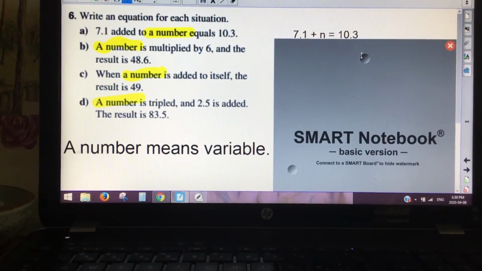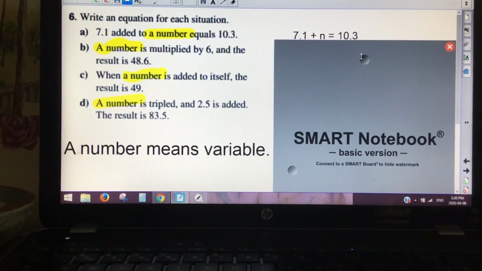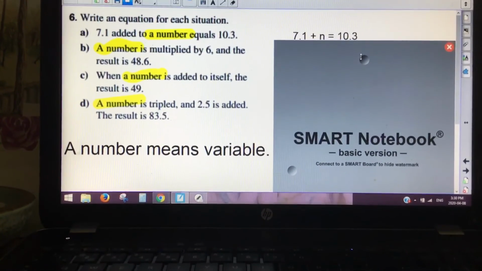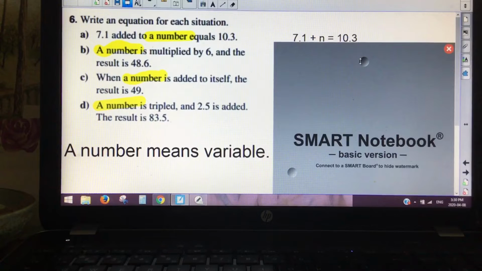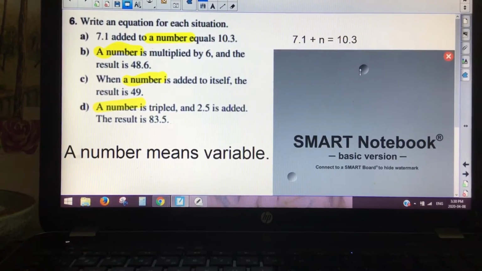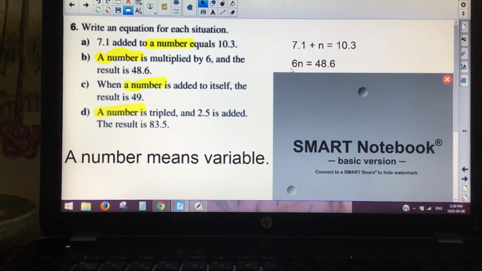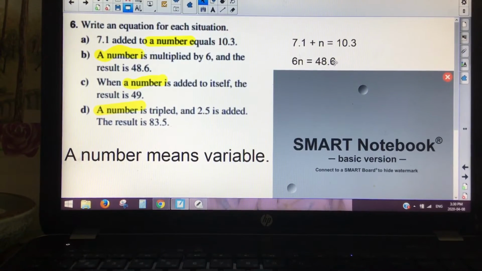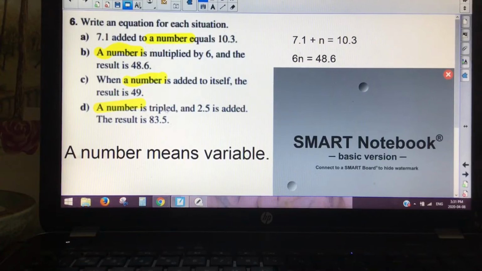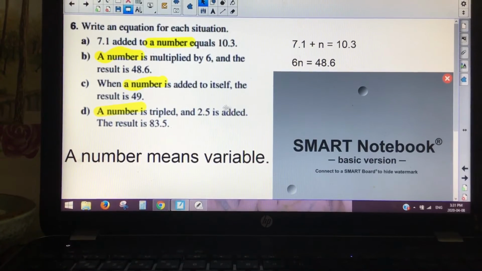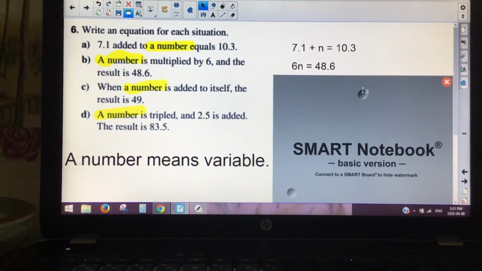Okay, so maybe pause it and try the next 3. Let's take them up. A number is multiplied by 6, and the result is 48. So my number gets multiplied by 6. I've got 48. Let's take a look at C. When a number is added to itself, the result is 49.